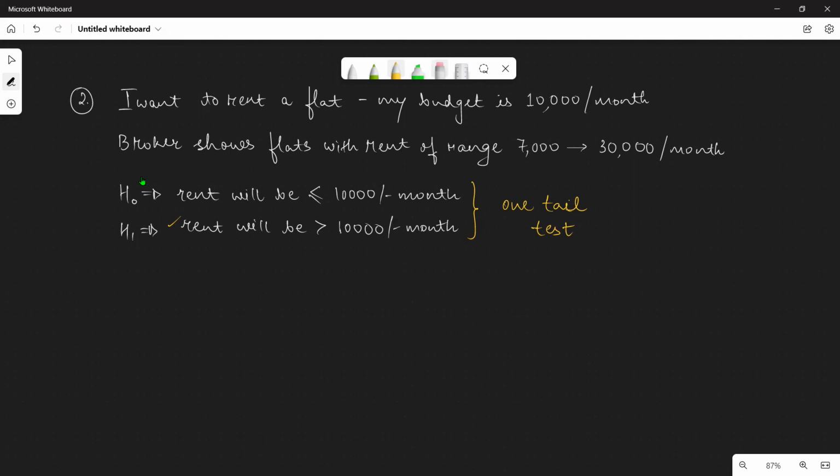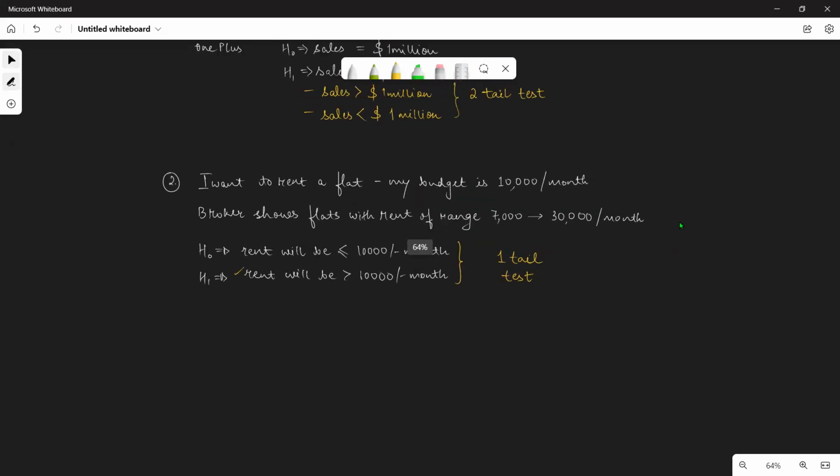Now, when we say one-tailed test, we also have to specify whether it is a left-tailed test or a right-tailed test. If it is a two-tailed test, then things are fine, no problem. But in case it is a one-tailed test, we will have to specify whether it is a left-tail or a right-tail test. So let's understand that aspect also. Then we will come back.